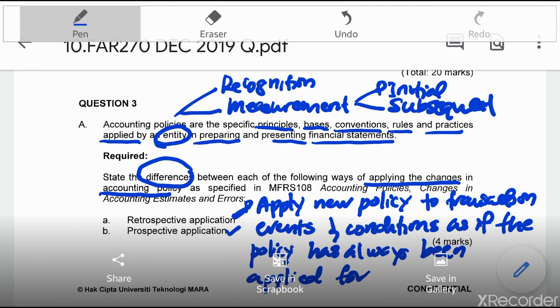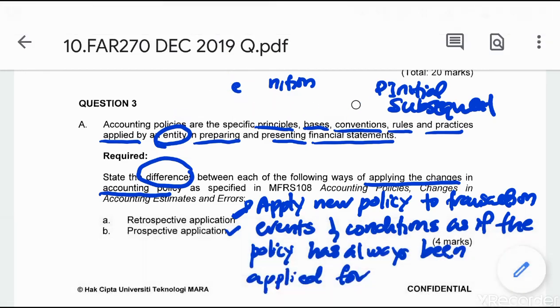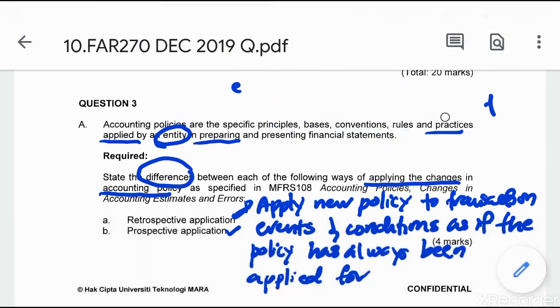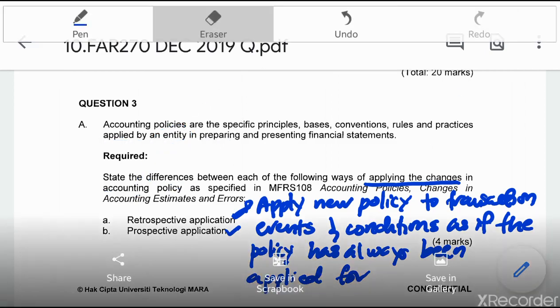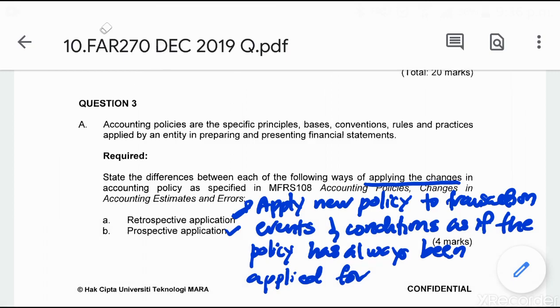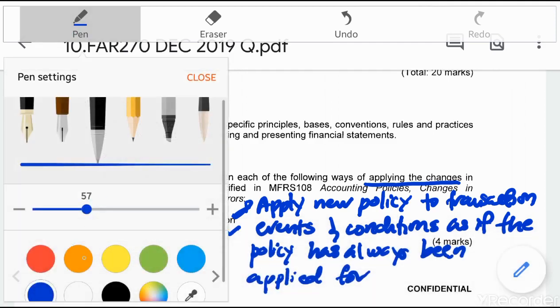And then the next one, you are asked to talk about the prospective application. What is prospective application? Just now we talked about retrospective application. Retrospective application means to apply the new policy as if the transaction or the event has always been applied for. So let's say you have this situation.